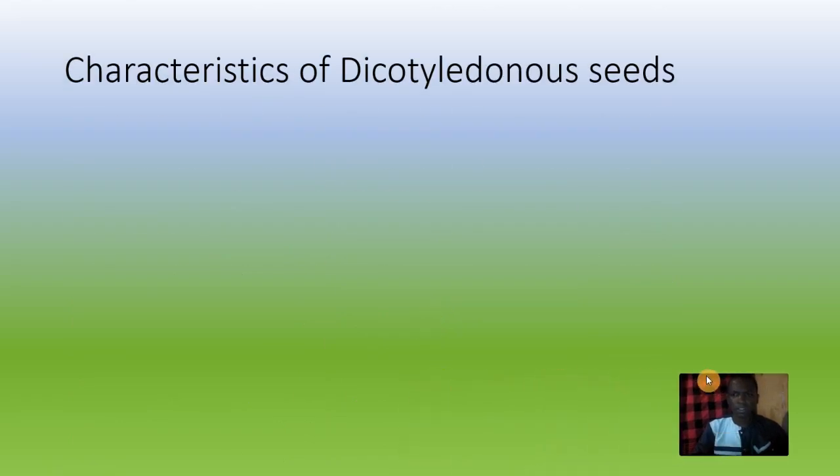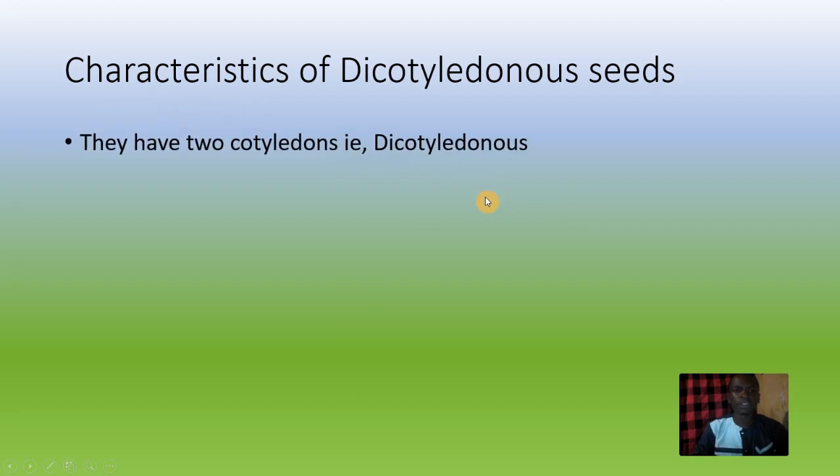So also these have got characteristics. These are some of the characteristics of the dicotyledonous seeds. Now these seeds have got two cotyledons, which is why they are called dicotyledonous.